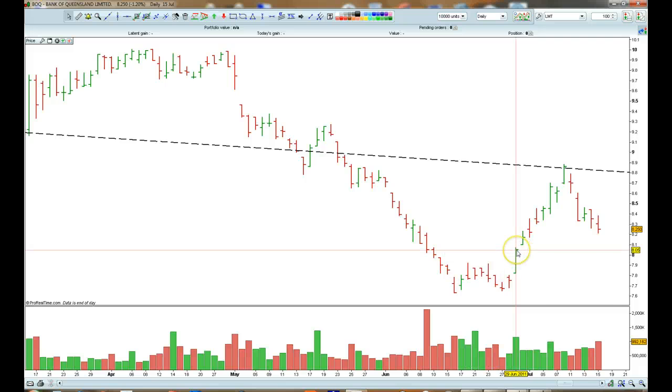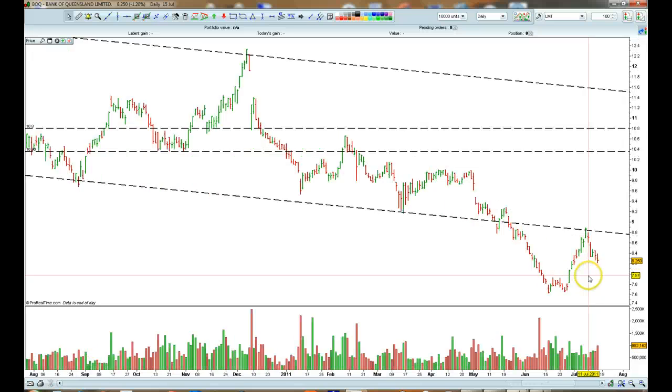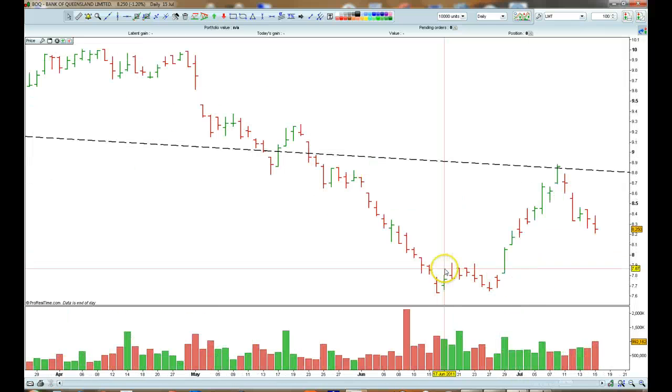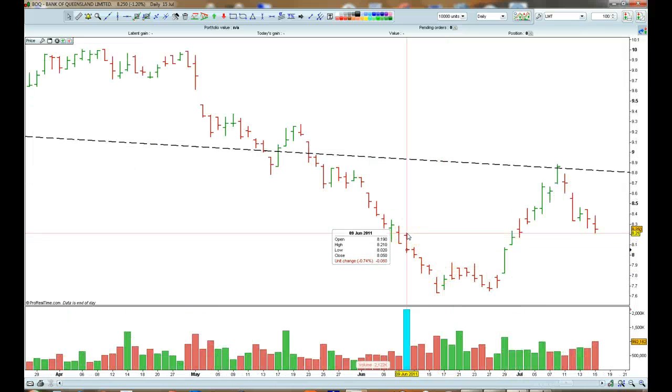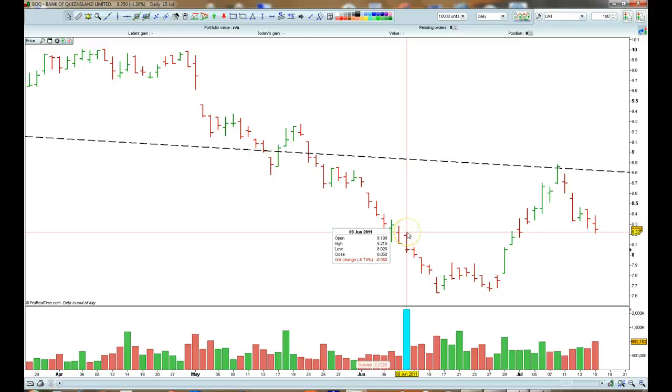This bar here hasn't been tested, but there's nothing really special. Well, it's sitting right on top of that volume bar there, and it's come down on increased volume and closed off its low, so that might try and support there. We'll just have to see.